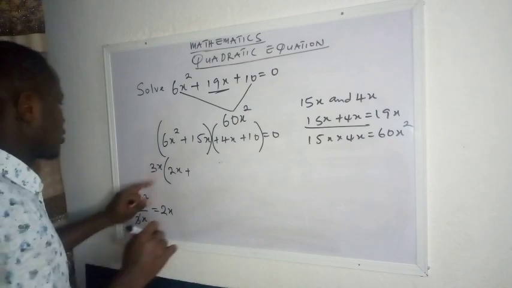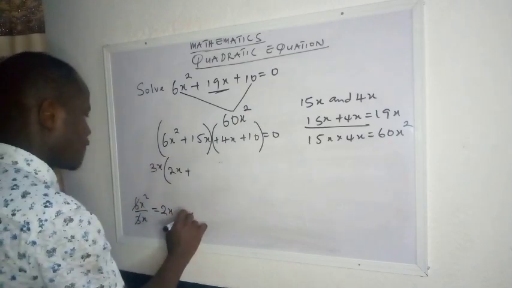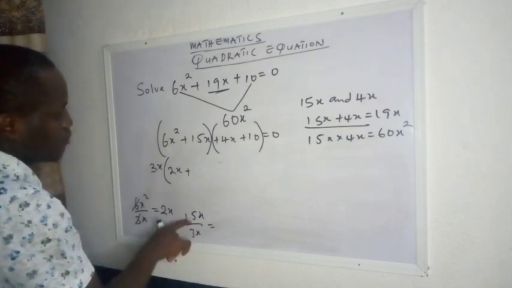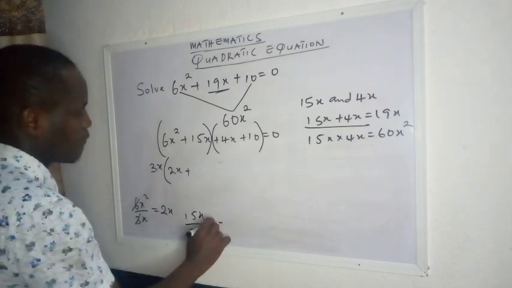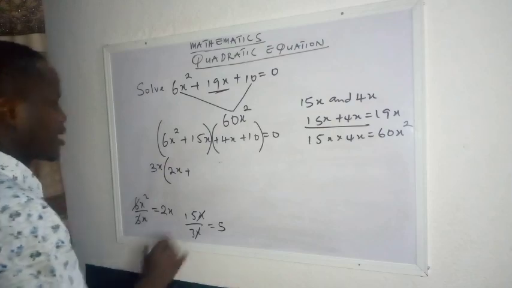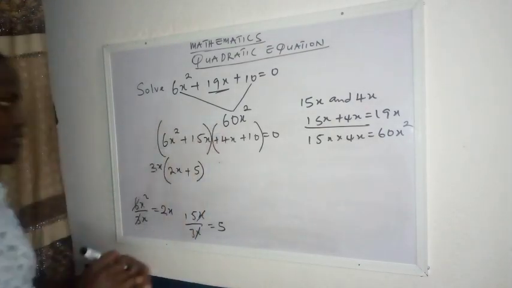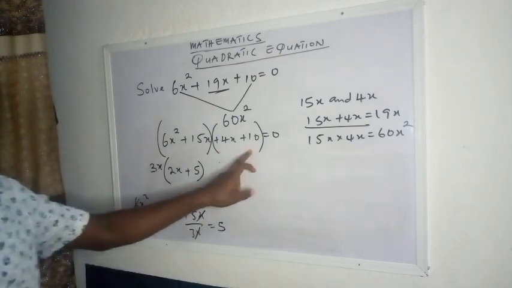Plus. Now 3x into 15x, you have 15x over 3x. Now 3 goes into 15, you have 5. x cancels with x, so you have 2x plus 5.